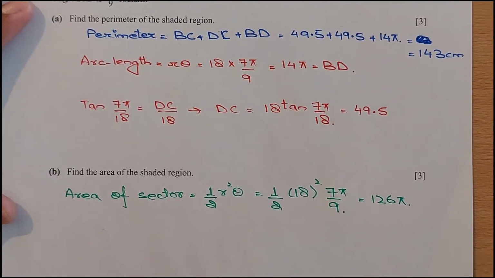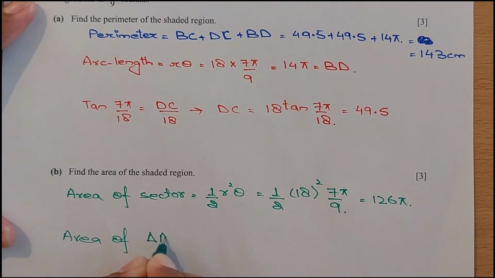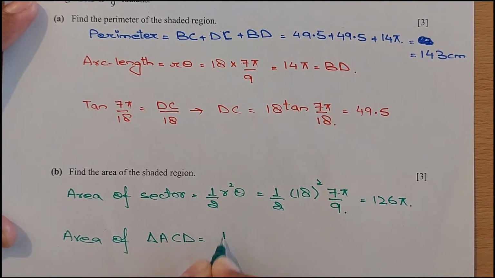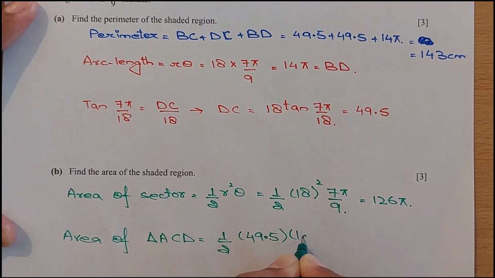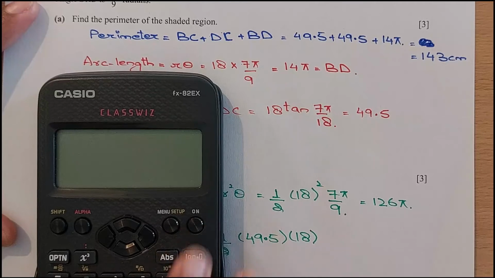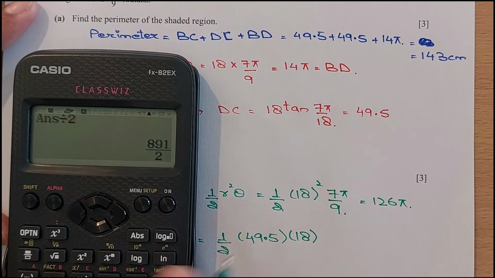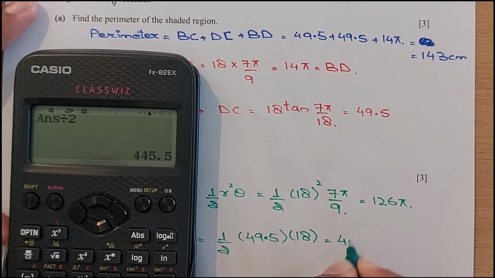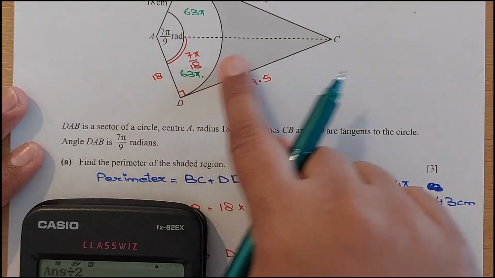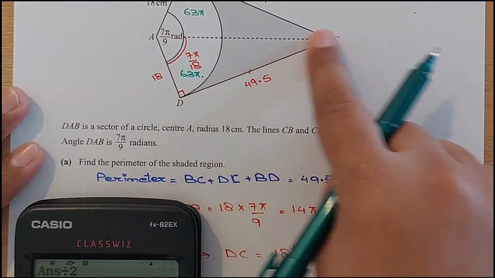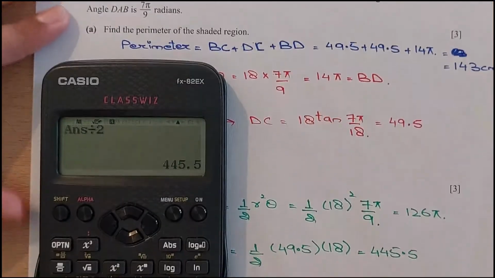So this is half, base we got is 49.5 and the height is 18, right? So 18 times 49.5 divided by 2 is 445.5. So this is the area for this triangle, but in this portion of the triangle this sector is not shaded, so we need to subtract 63 pi, right?